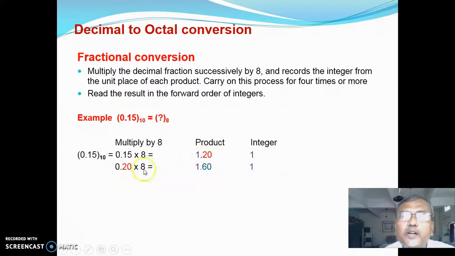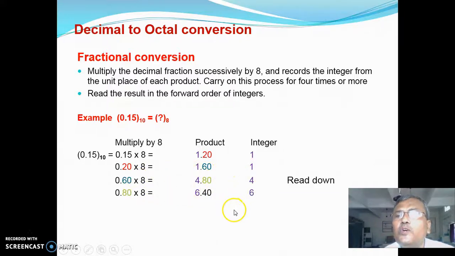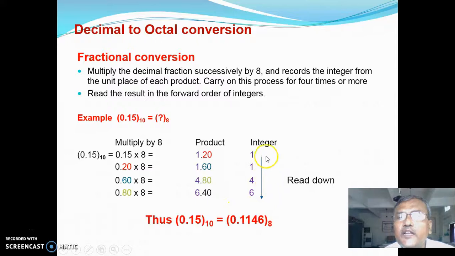Then we take this fractional part 20 and multiply by 8, so we get 1.60, then the integer part is 1. So this process I will continue for 4 times, and then finally we collect all these integers in the forward direction. So therefore 0.15 corresponds to 0.1146 to the base 8 here.